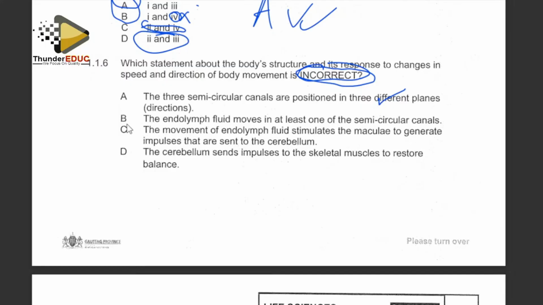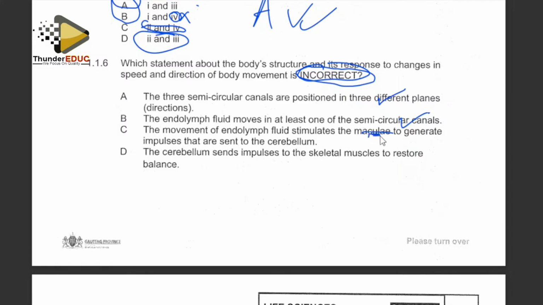All right, we continue. B, the endolymph fluid moves in at least 1, depending on the plane at which the head is moving. This is also correct. They're saying that the movement of the endolymph fluid stimulates the maculae to generate the stimulus, and the stimulus to generate the impulse that is sent to the cerebrum.